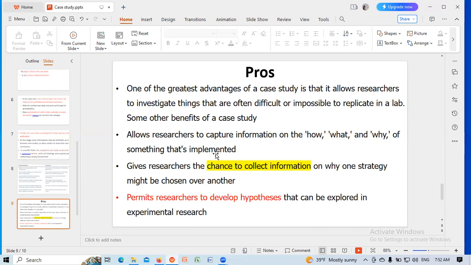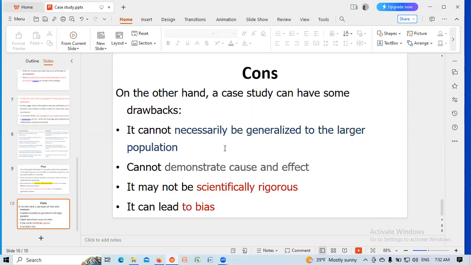Other benefits: it allows researchers to capture information on the how, what, and why of something that's implemented, gives the researcher a chance to collect information on why one strategy might be chosen over another, and permits the researcher to develop hypotheses that can be explored in experimental research.